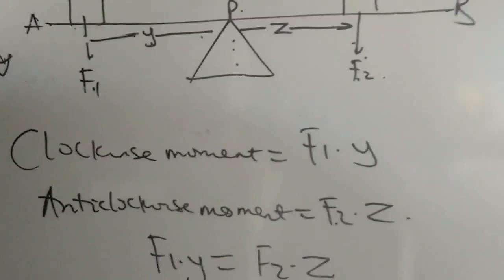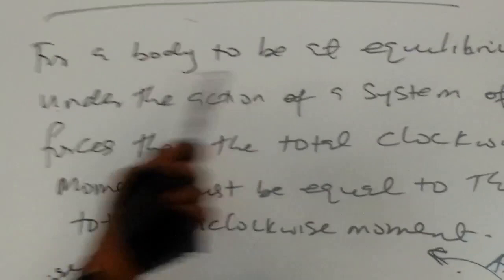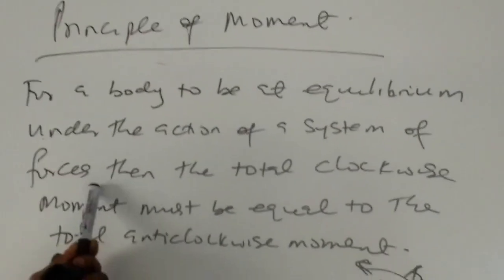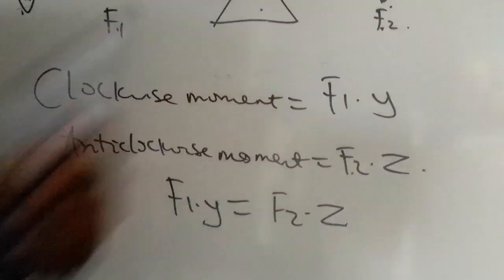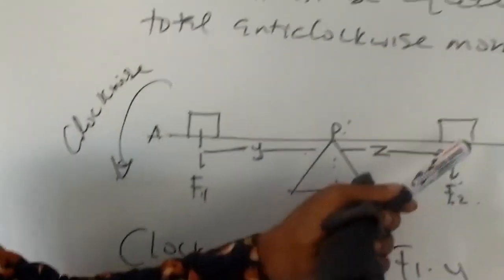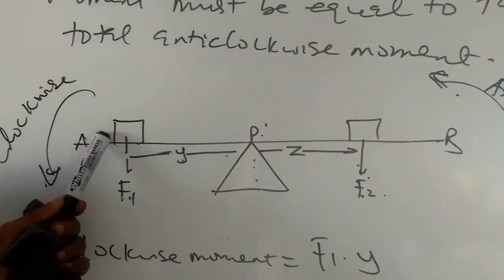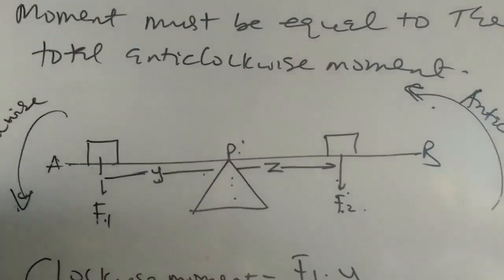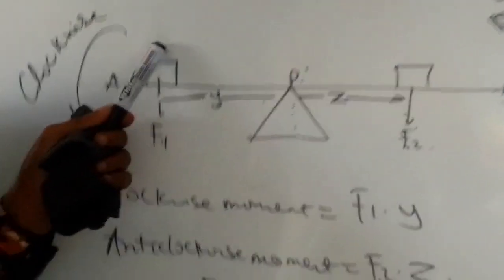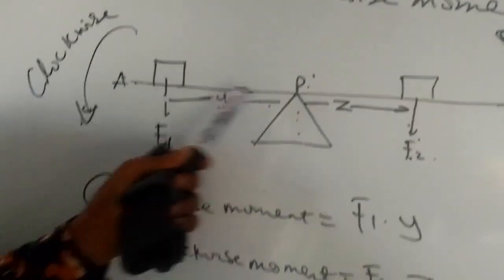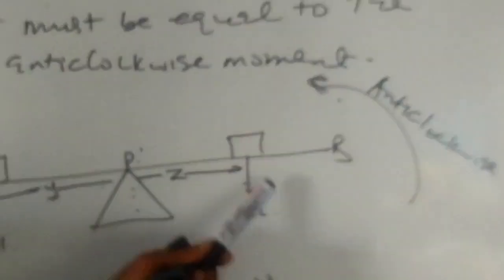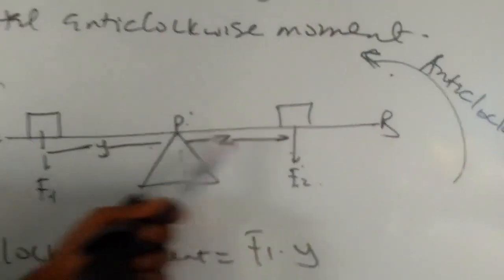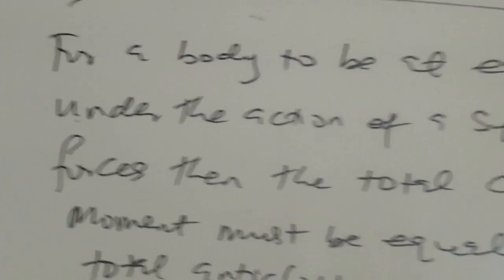That's the principle of moment. For a body to be at equilibrium under the action of a system of forces, the total clockwise moment must be equal to the total anti-clockwise moment. So for this object to remain steady, not accelerating, the product of the force acting on this side of the pivot and the distance measured to the pivot must be equal to the product of the force acting on the other side and the distance measured to the pivot. So that's the principle of moment explained on the board.